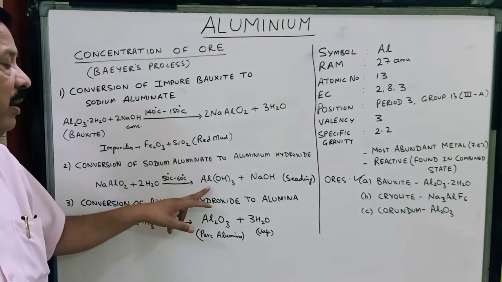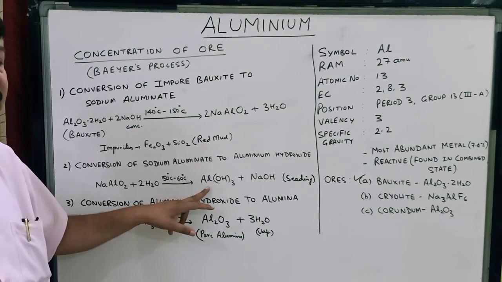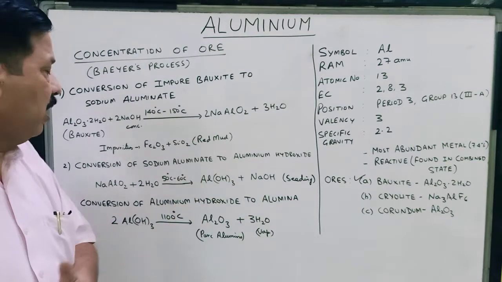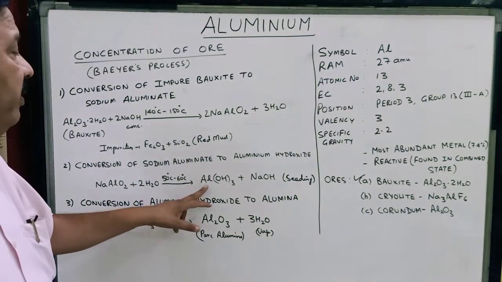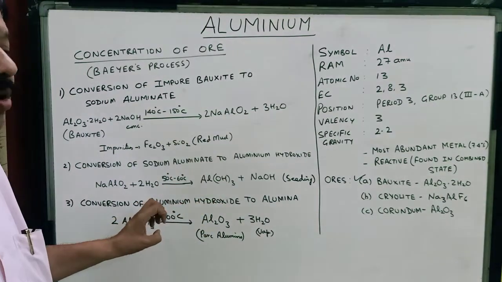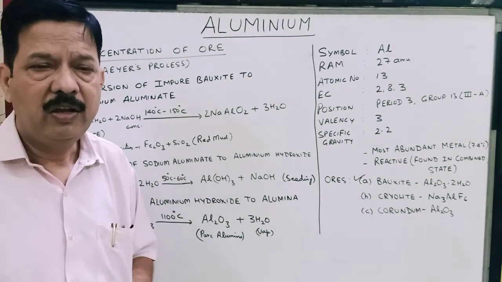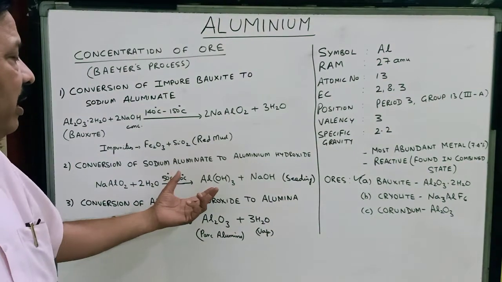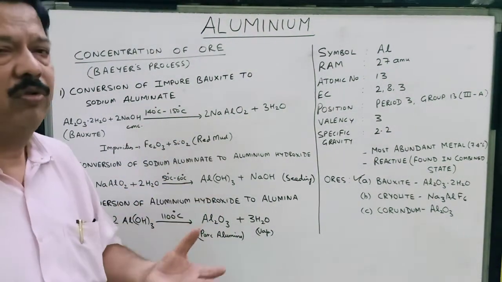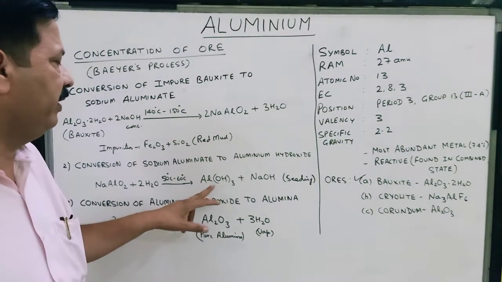This aluminium hydroxide gets precipitated, or separated out, and you get NaOH out. This process of precipitating aluminium hydroxide is also called seeding. We add a few crystals of aluminium hydroxide so that the crystals develop.